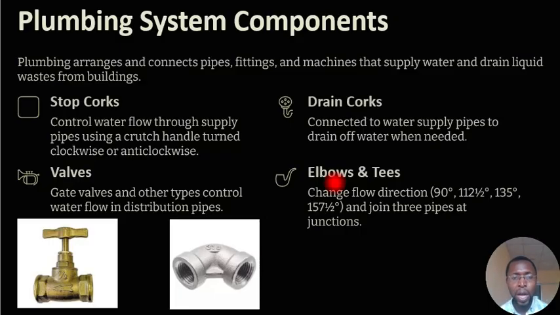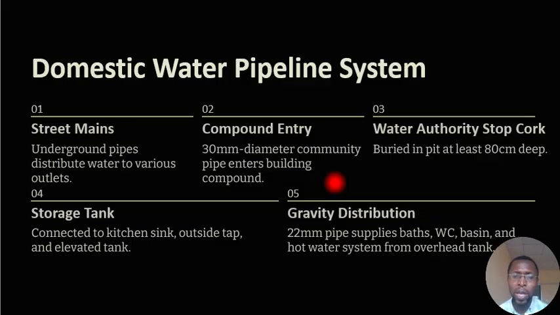Okay, so now we look at some domestic water pipeline system. What are the things that we can see in a domestic water pipeline system in our community? The first thing you will see in such a system is the street main. These street mains are known as underground pipes that distribute water to various outlets. You will not see this pipe openly.